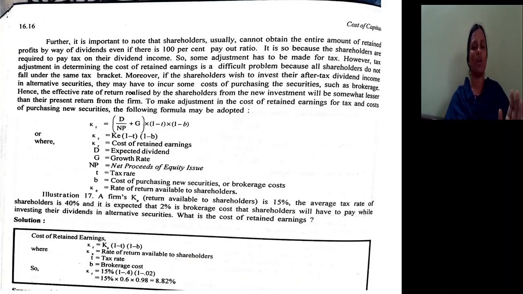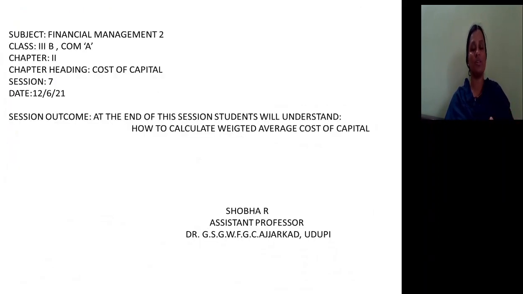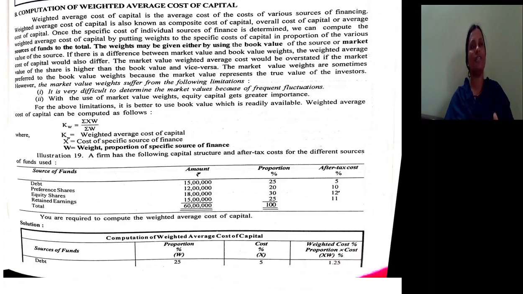We know that cost of retained earnings is cost of equity into (1 minus the personal tax rate applicable to the investor) into (1 minus the brokerage cost incurred by the investor). Afterwards we concentrated on weighted average. Don't get confused while calculating weighted average. You can calculate it in 2 ways. One is you calculate the weight, calculate the after-tax cost, and multiply the after-tax cost with the weight; the sum of that product is the weighted average.